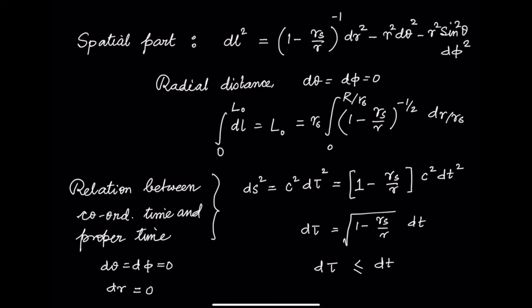Otherwise, d tau is always less than dt. So we will always require a smaller amount of time by the observer who is measuring the time. So that's the proper time. The proper time between any two events will always be smaller than the time measured in the coordinates. So the coordinate time will always be larger.